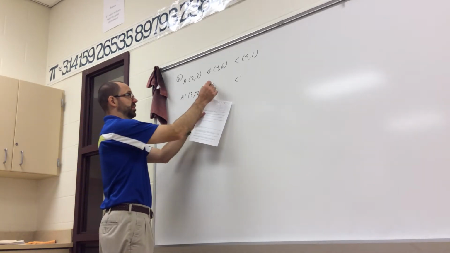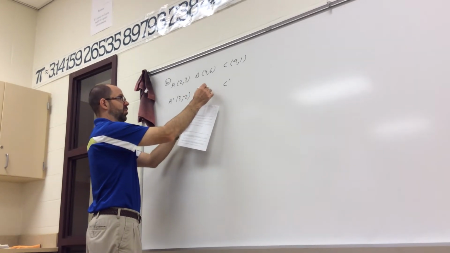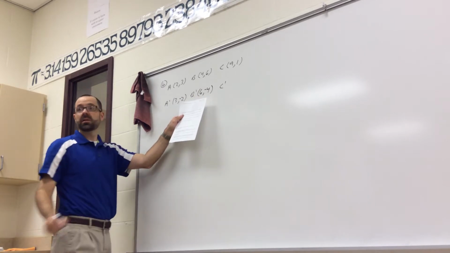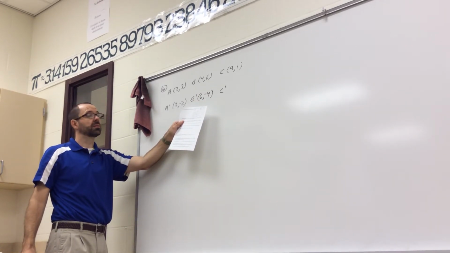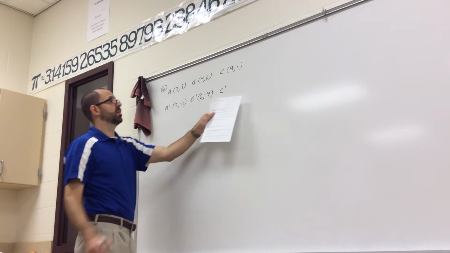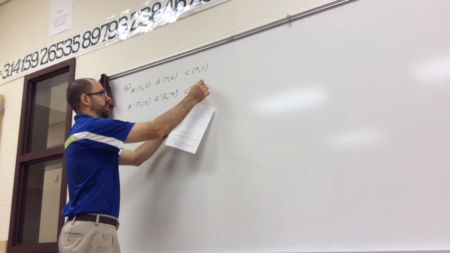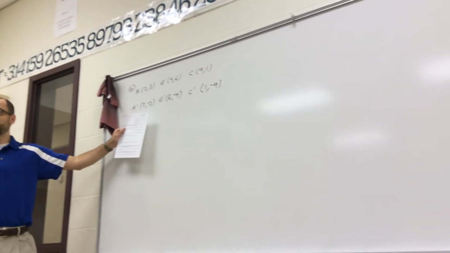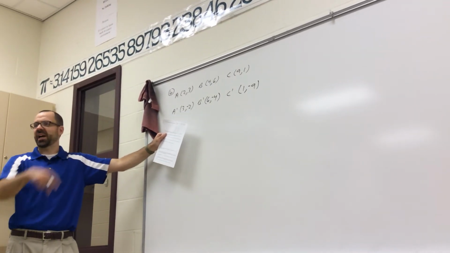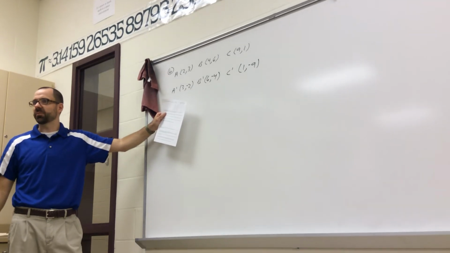And this is going to switch to 6, 4, and the 4 is going to be negative. And this is going to switch to 1, 9, 1, -9. Okay, so all you had to do was use that pattern to switch them and make them negative.